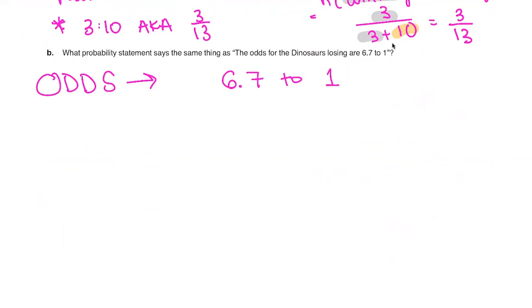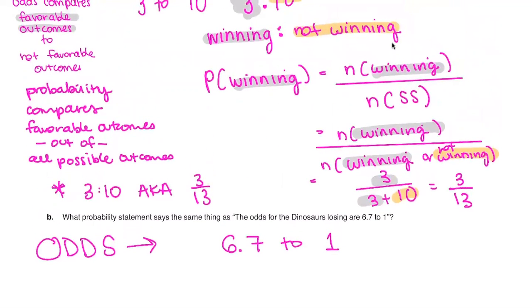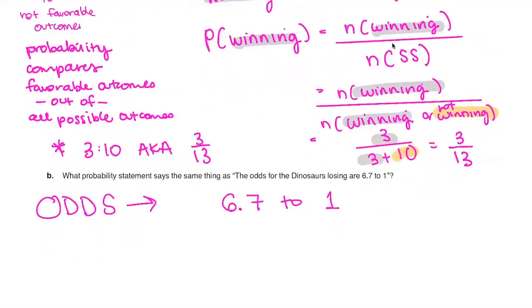But wait a second. That decimal looks kind of funky. And it is. Odds looks just at favorable outcomes to not favorable outcomes. Well, an outcome is something that is possible to have happen. Can something happen 6.7 times? No, it either happens entirely or doesn't happen entirely. It can't partially happen.